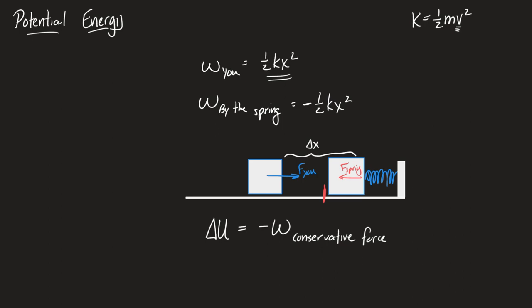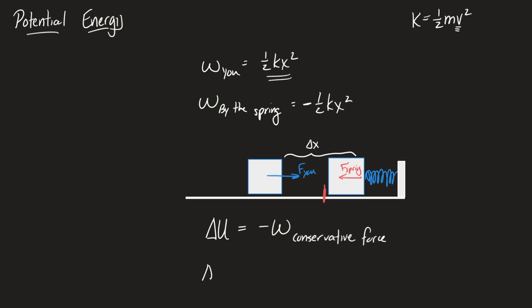And you might be saying, well, why don't we just define it based on you? That one's already positive. Why are we putting this negative sign here? There is a very important reason why we do this. It won't be clear for a few moments, so just bear with me.